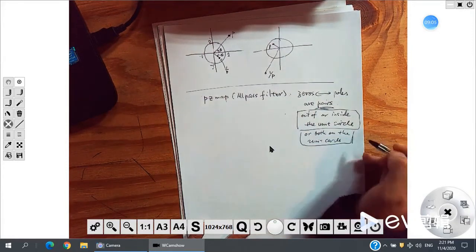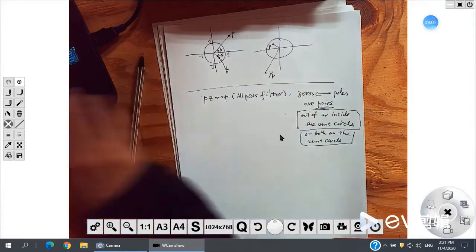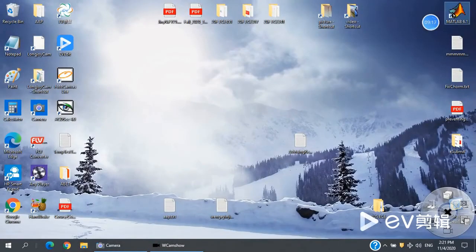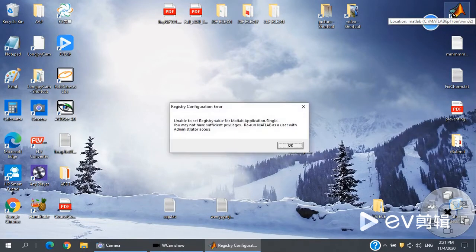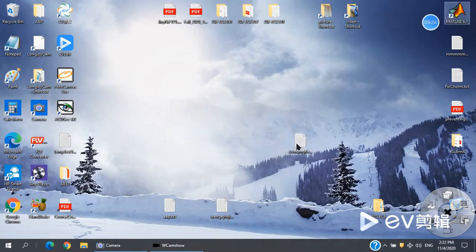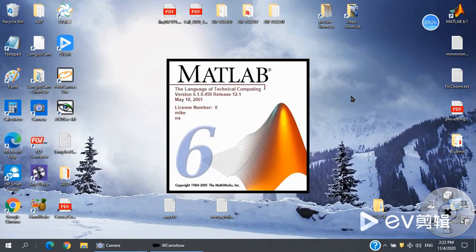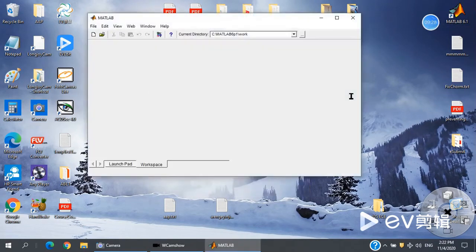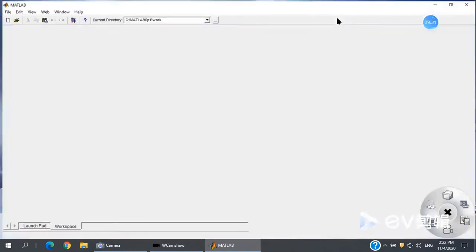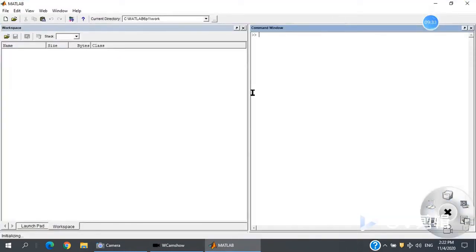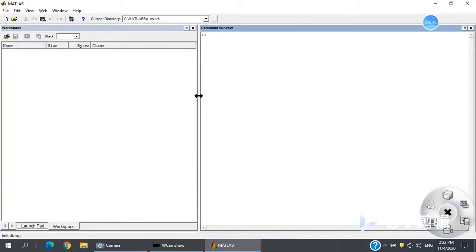Okay, let me go to my lab to see how it looks like. We give all-pass filter, I say it is HA.